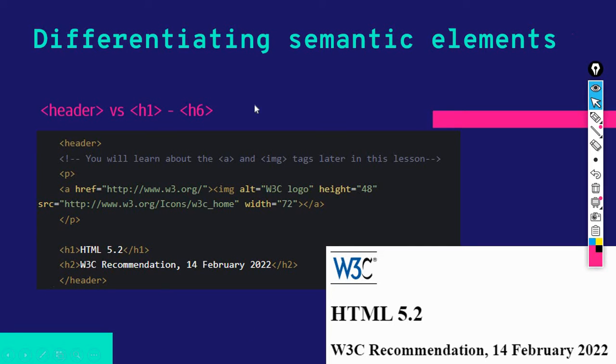In this example, in these blocks of code, the header can and frequently does contain headings H1 to H6. This is the opening tag, this is the closing tag, and it contains multiple headings.